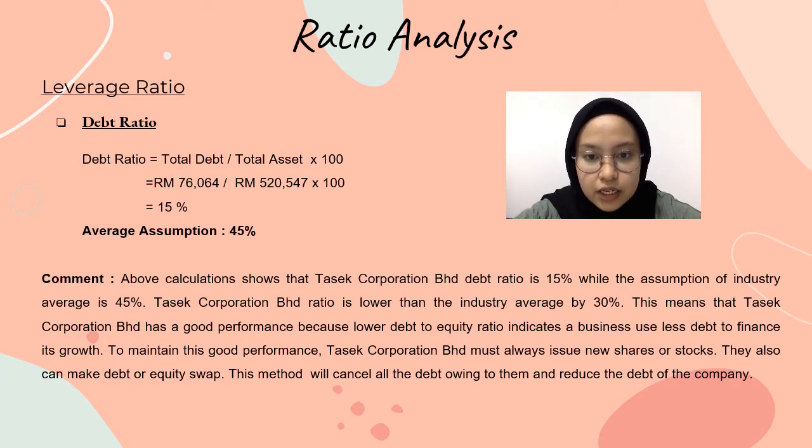To maintain this good performance, Tasek Corporation Berhad must always issue new shares or stocks. They also can make a debt or equity swap. This method will cancel all the debt owing to them and reduce the debt of the company.